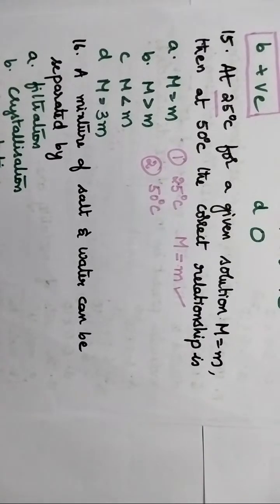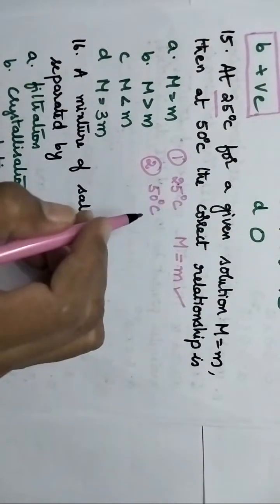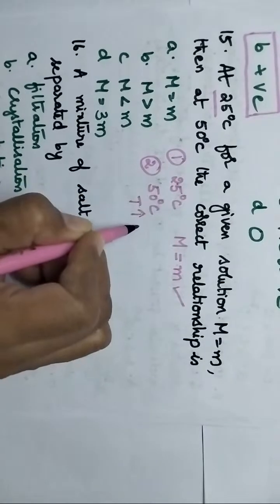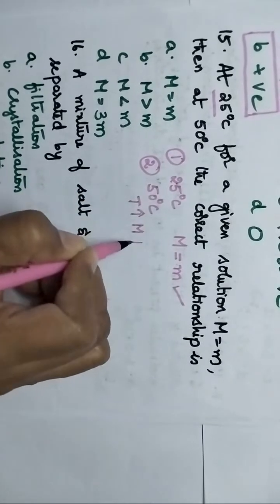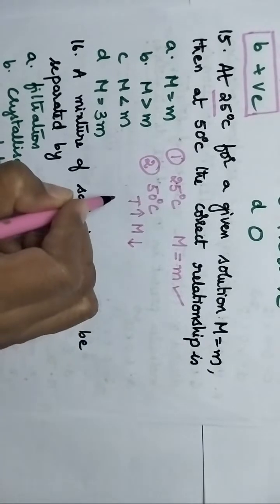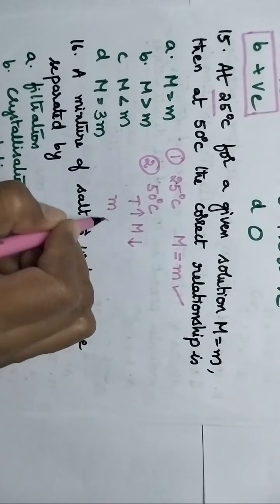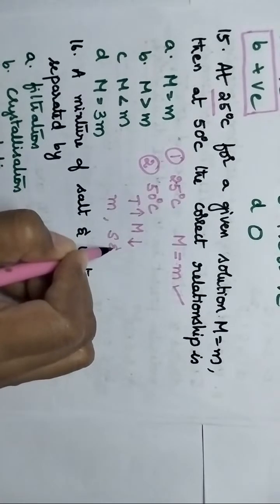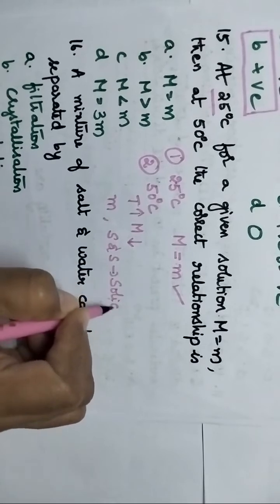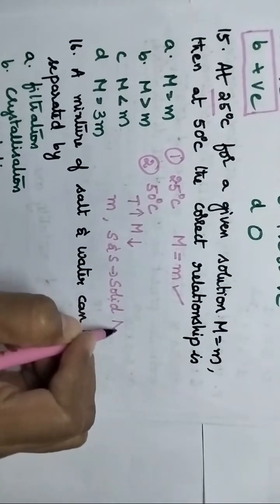Undoubtedly, as the temperature increases, the molarity of the solution decreases. And coming to the molality, here both solute and solvent are measured by mass, so temperature will have no effect.